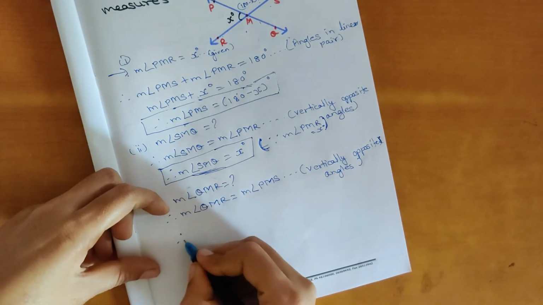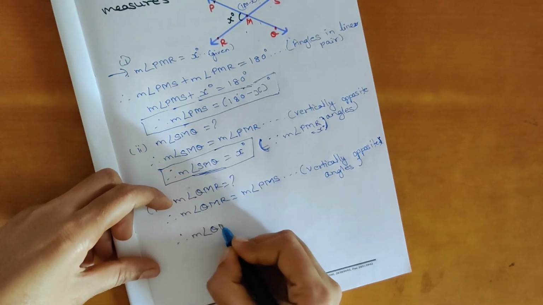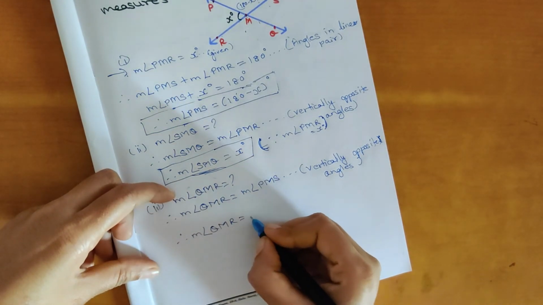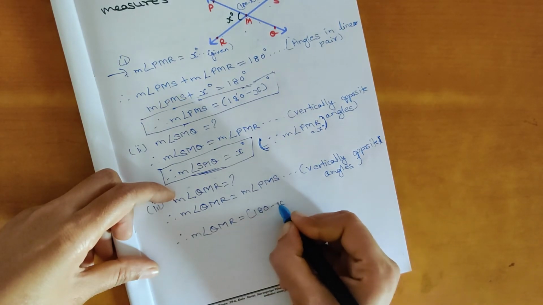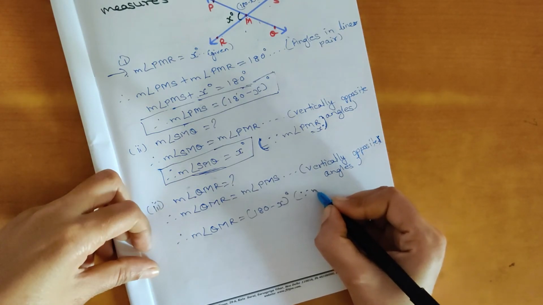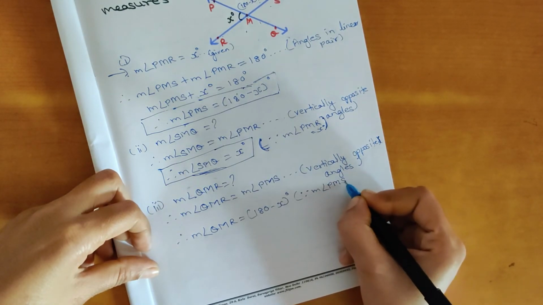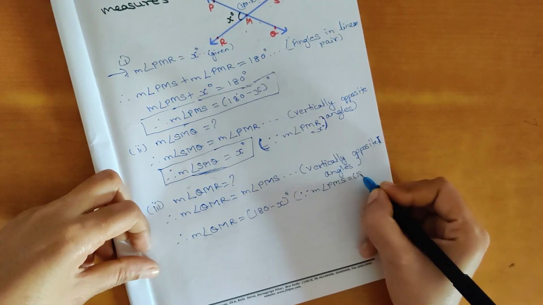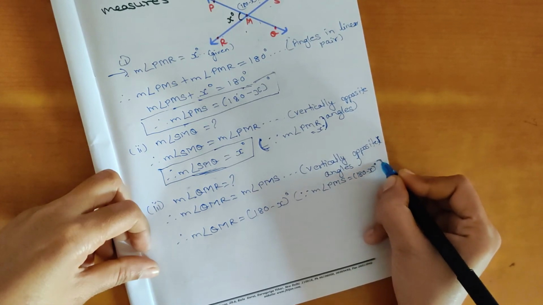So therefore measure of angle QMR is equal to 180 minus x degrees, because measure of angle PMS is equal to 180 minus x degrees.